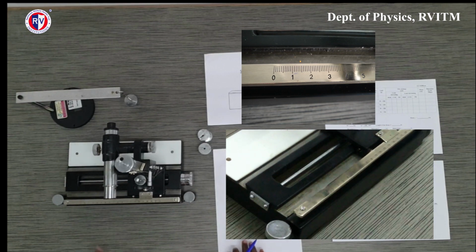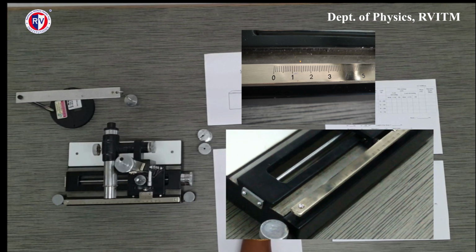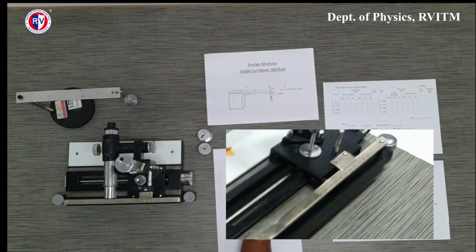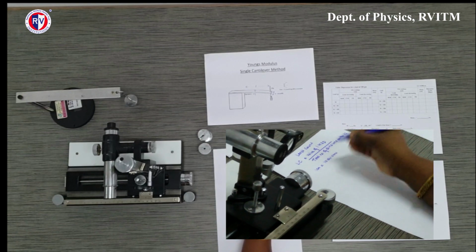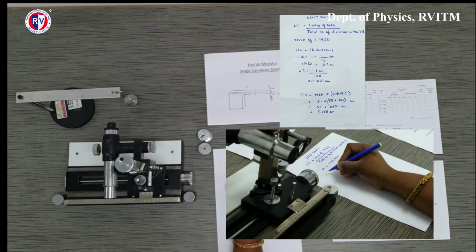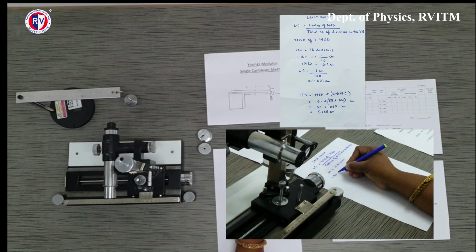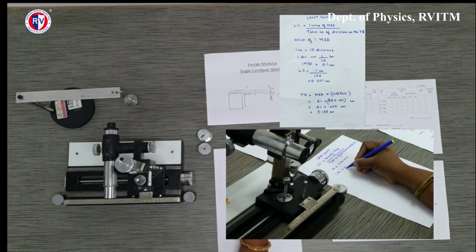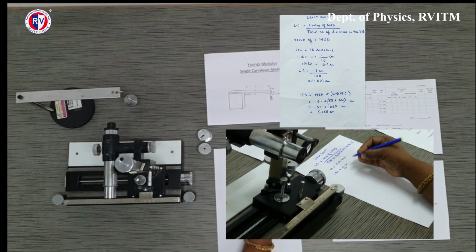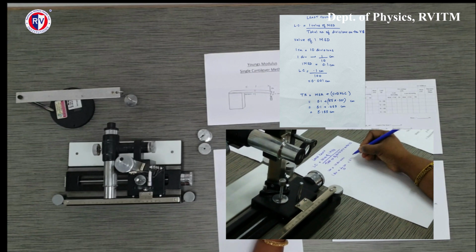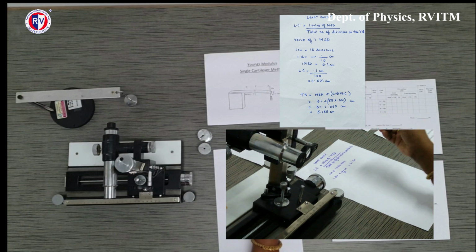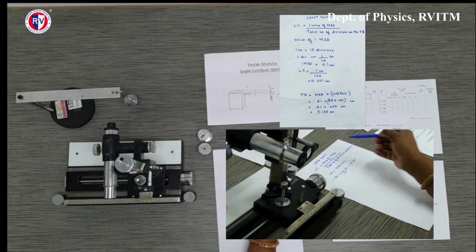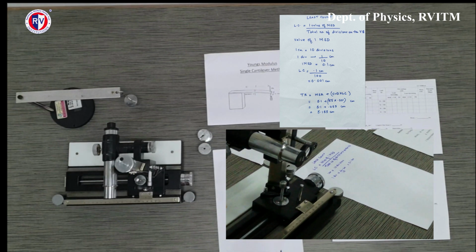So 1 centimeter of my main scale has 10 divisions. Yes? So I need to know what is the value of one division. The value of one division is 1 divided by 10 centimeters, which is 0.1 centimeter. So now I have got the value of 1 MSD, which is 0.1 centimeters.